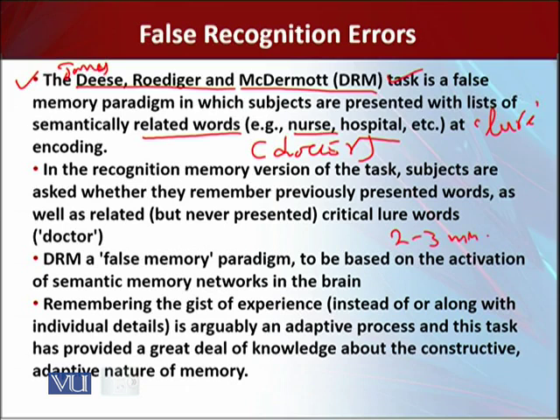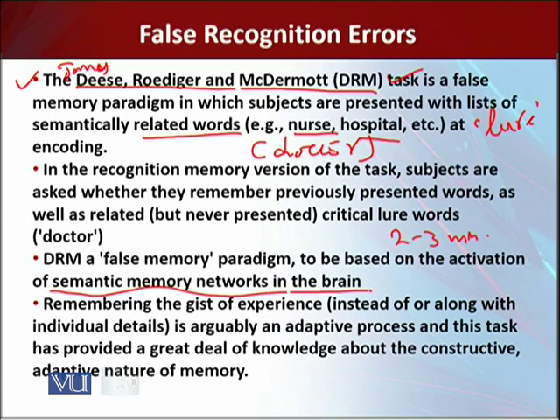However, although the DRM task is widely considered a false memory paradigm, some researchers consider the DRM illusion to be based on activation of a semantic memory network in the brain. And they also argue that such semantic gist-based false memory errors may actually be useful in some scenarios.